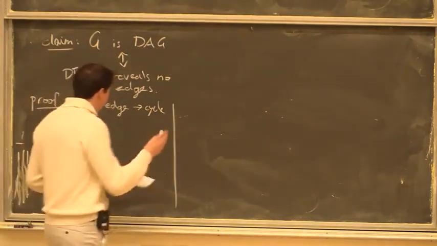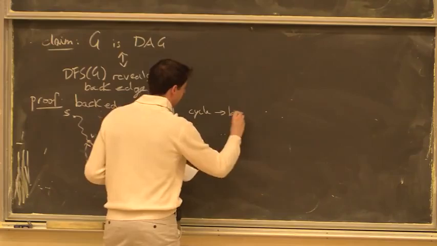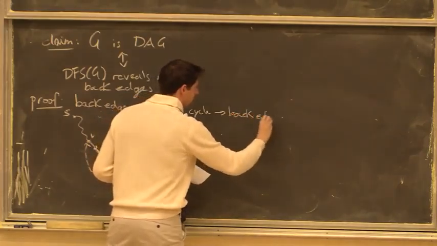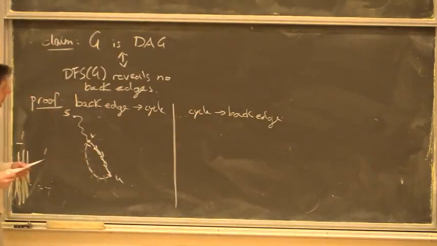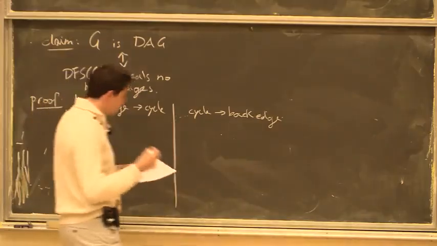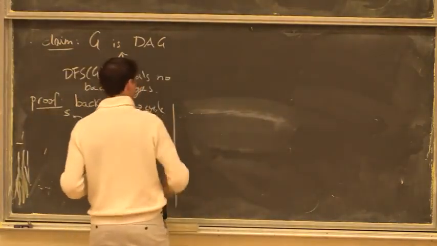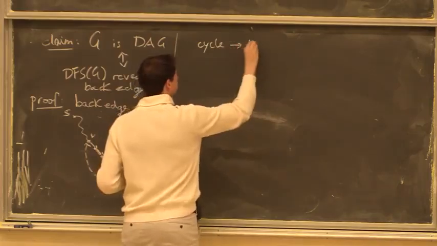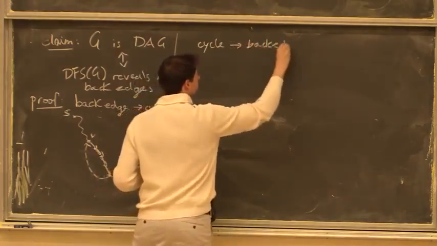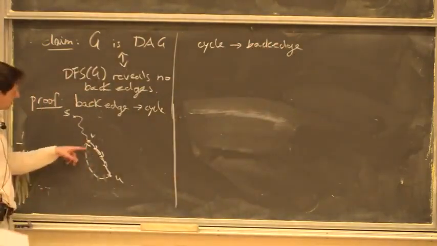The less easy side is that if you do have a cycle, then you have a back edge. There's something slightly non-trivial about this, because maybe the cycle won't be so cute.